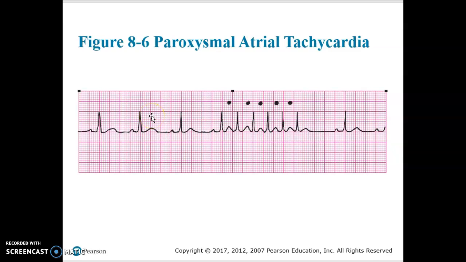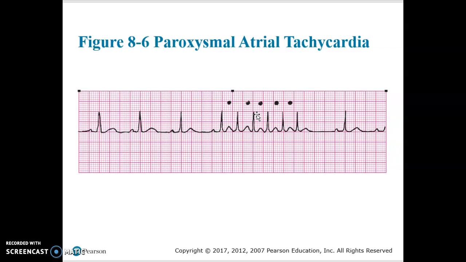Regularity is regular, but it's interrupted by a run of premature beats that you see right here. The heart rate is 75 for the sinus rhythm, and it's 187 for the atrial tachycardia. Remember, we count the little blocks between the R and the R and divide into 1500. So here it would be 75, and over here we would have a rate of 187.